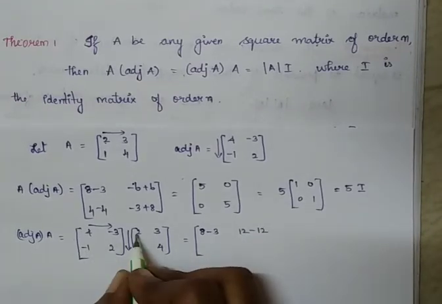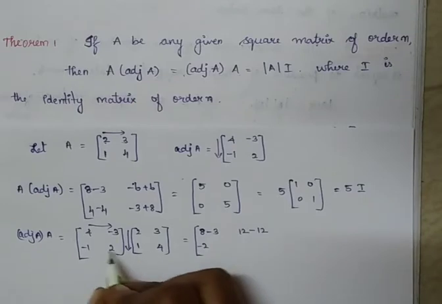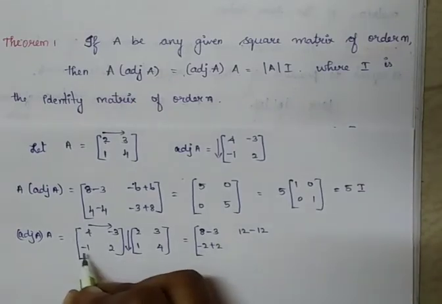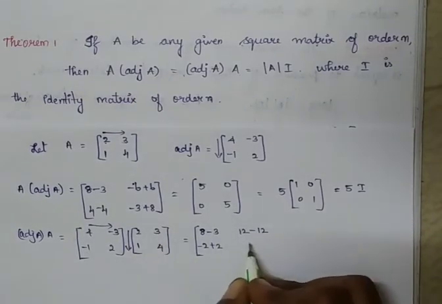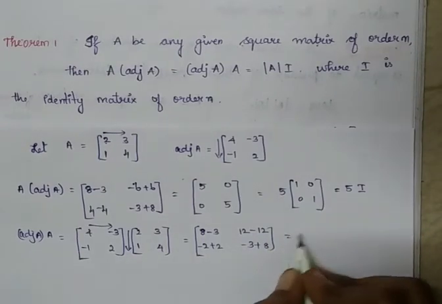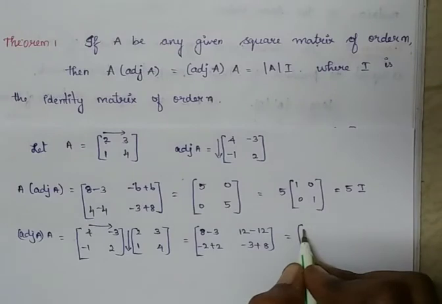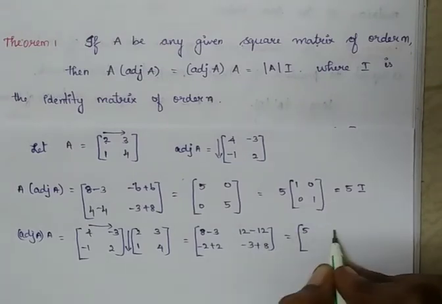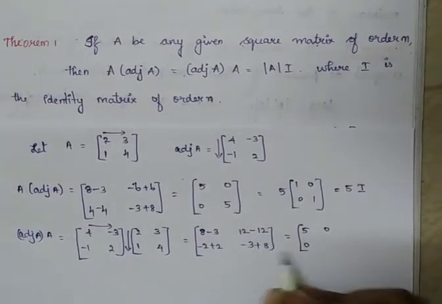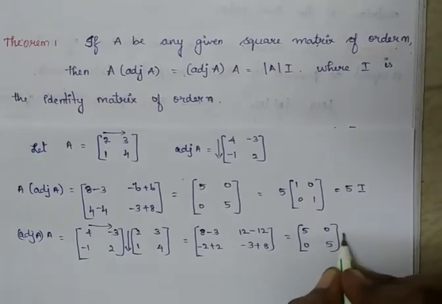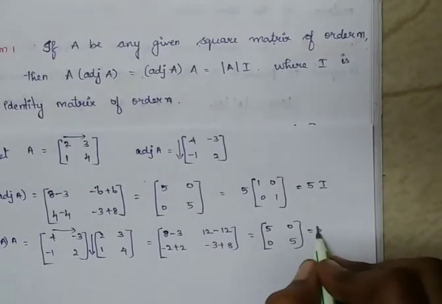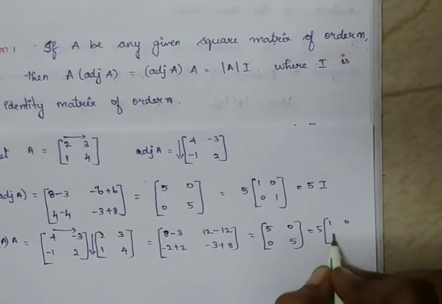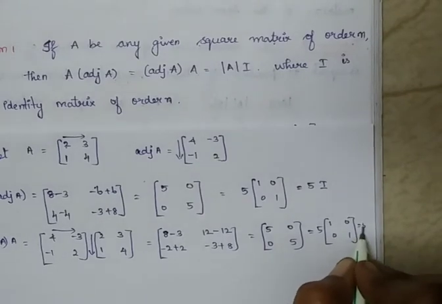Now minus 1 into 2 is minus 2, 2 into 1 is plus 2. Minus 1 into 3 is minus 3, 2 into 4 is plus 8. Now the answer is, 8 minus 3 is 5, here 0, here 0 and this is 5. This is also nothing but 5 into 1 0 0 1, that is equal to 5I.